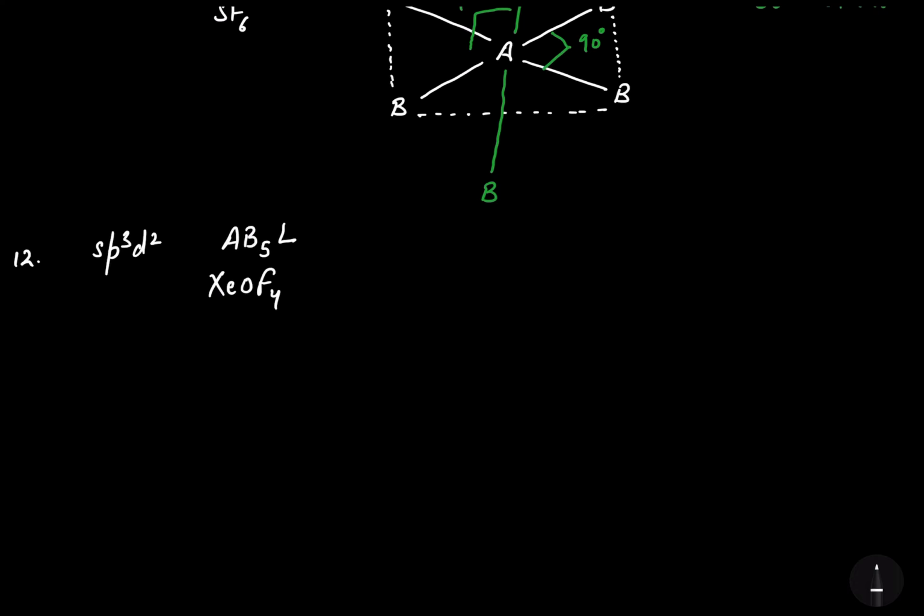So here's the A, that's B over here, B over here, B over here, and the B over here. Now we can just imaginarily link the B's just to imagine this structure in 3 dimensions.